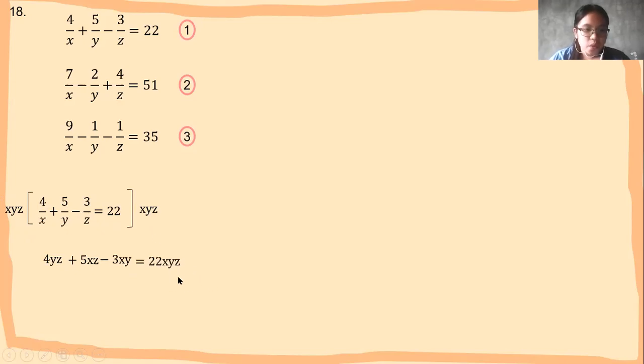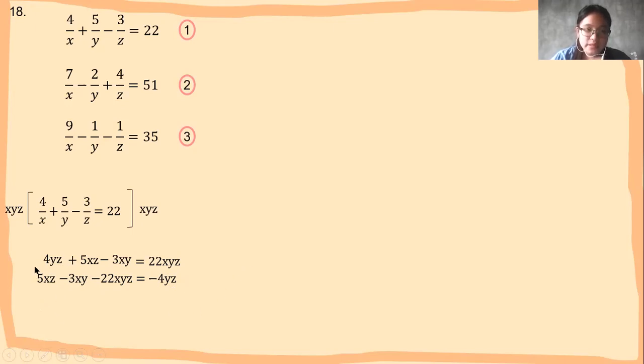Then let's transpose all the terms that have a variable of x. So 5xz minus 3xy. Then let's transpose 22xyz to the right side. It will become negative 22xyz. And the 4yz to the right side, so it will become negative 4yz.